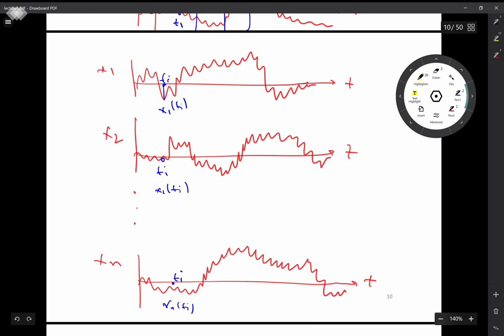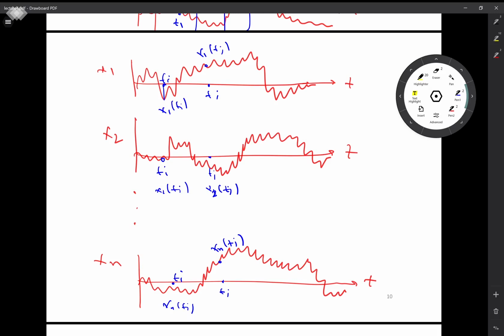Then you take another time tj, and we know what will be x1 tj, x2 tj, xn tj. Then you shift both cases with tau.